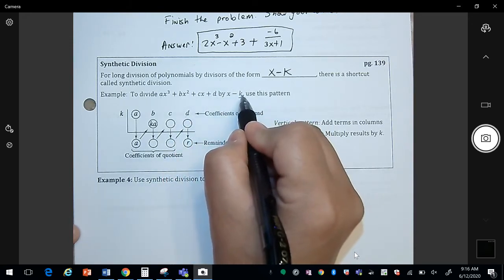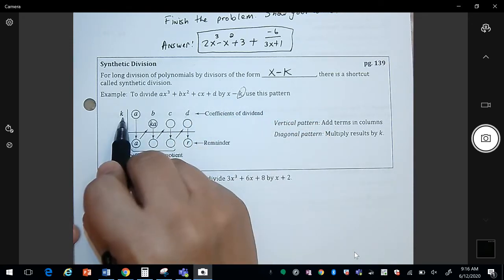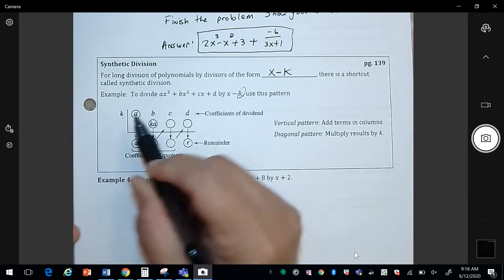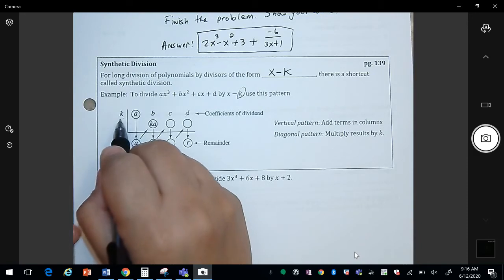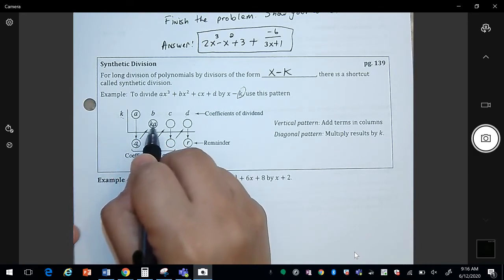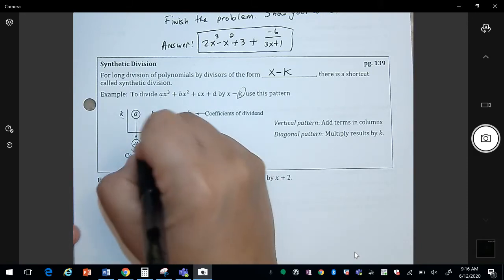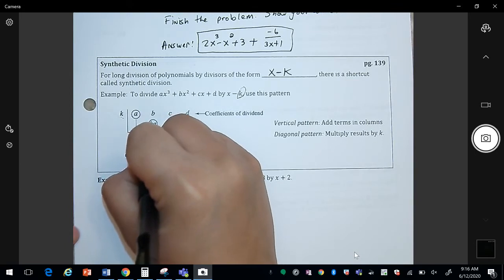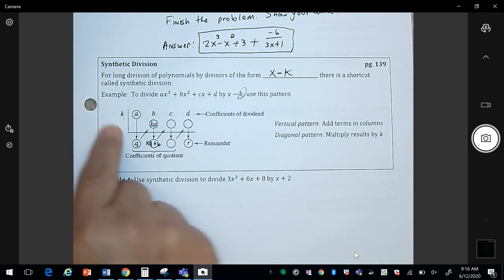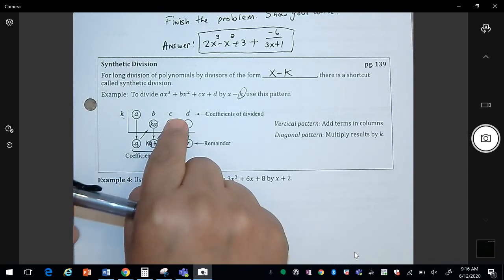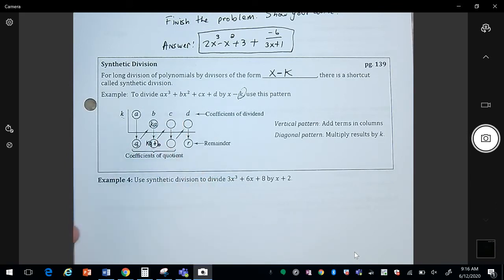And we use k on the outside. Then we bring down the first number, multiply k times a, which gives us ka, and then add ka plus b. Then we start the process again: k times all of this goes up here, and then we add, and that goes down there.